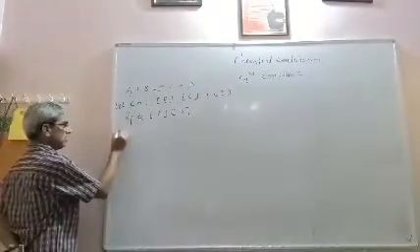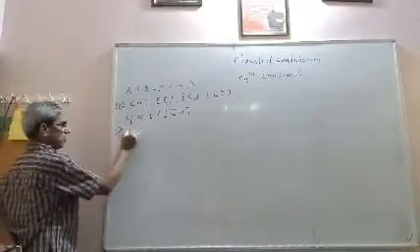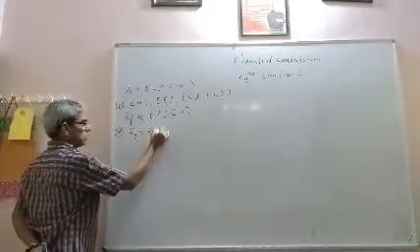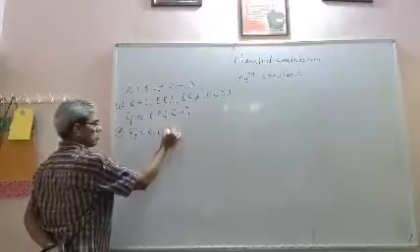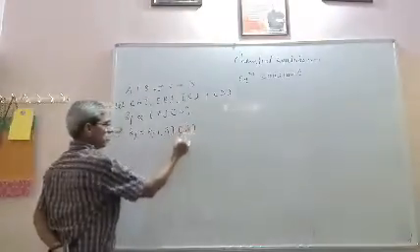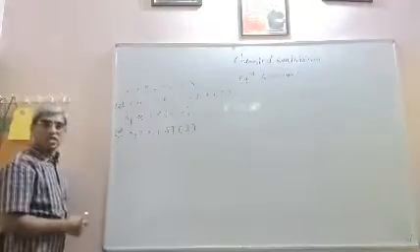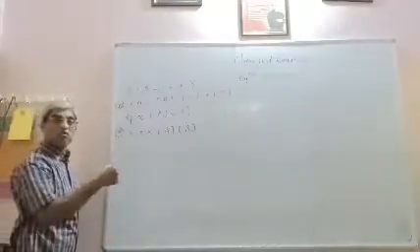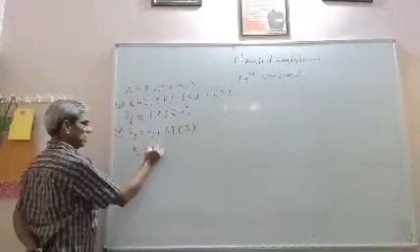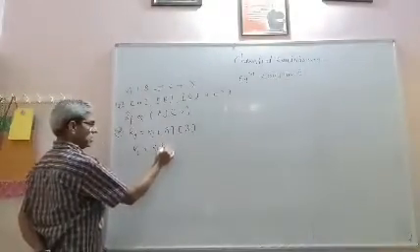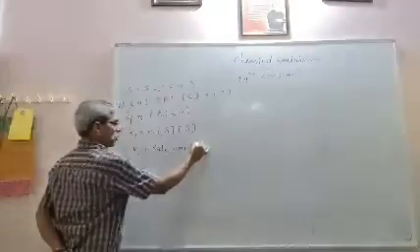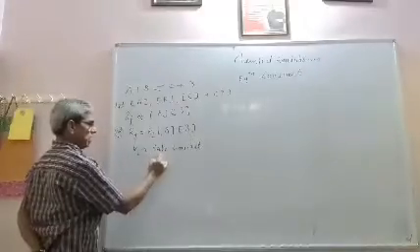We can write this equation in another way also: RF equals K1 into active mass of A into active mass of B, where K1 is the rate constant of the forward reaction.